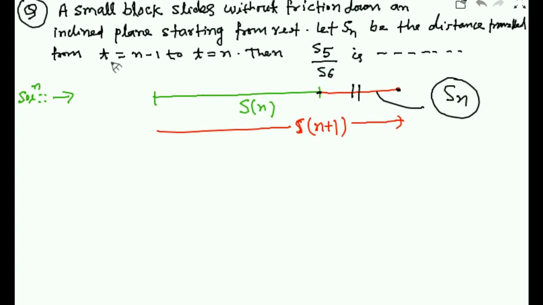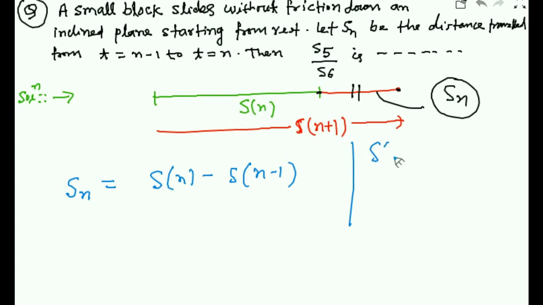Here Sn is given, and you can write the formula like this: Sn equal to distance traveled in n seconds minus distance traveled in n minus 1 seconds. And you know the formula: s equal to ut plus half at square.